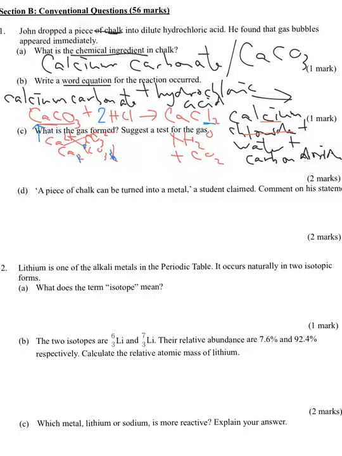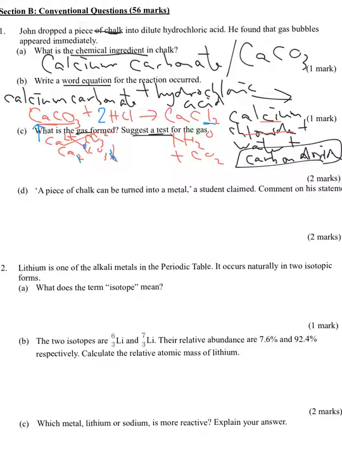Now we go to part C, the gas formed. Of course we know the answer here, carbon dioxide. And suggest a test for the gas. Remember, I mentioned many times, if you want to have a chemical test for something, you need to write down the reagent for the test and also the observation.